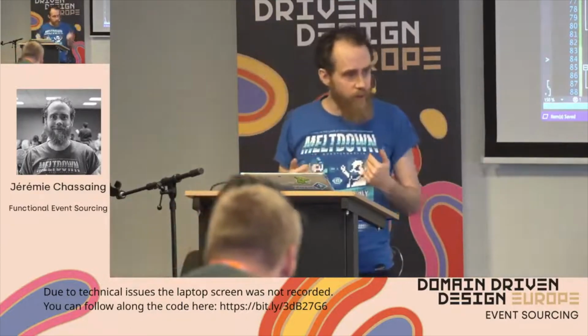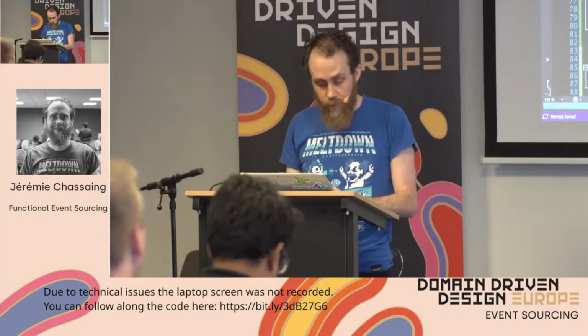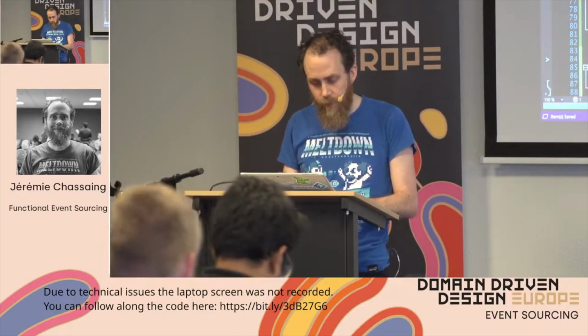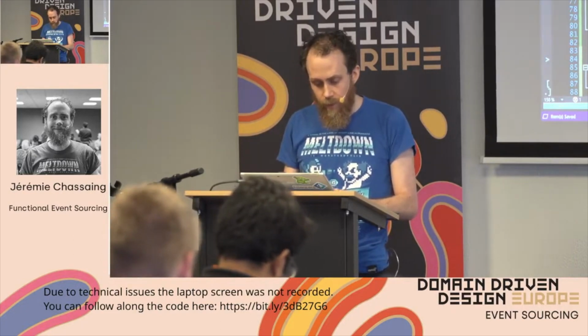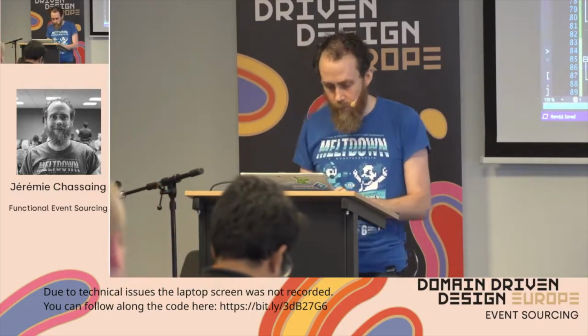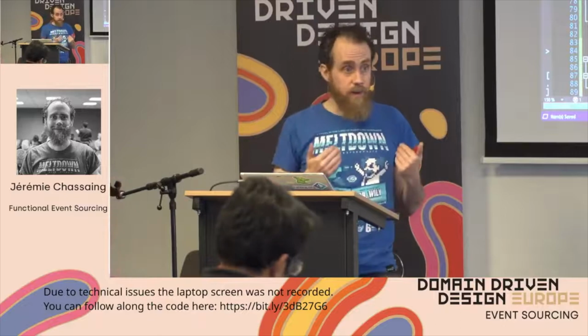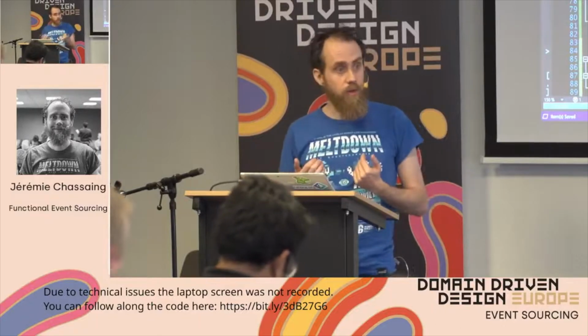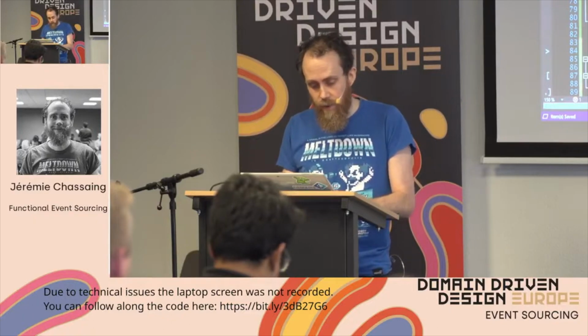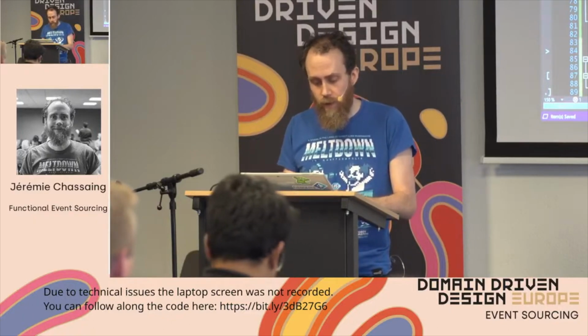You give me a command, and what I will do is I will just get events from calling my decision function with my command on my state. And now that I have these events, I can just fold them on my state to get a new state. So let new state equal List.fold.